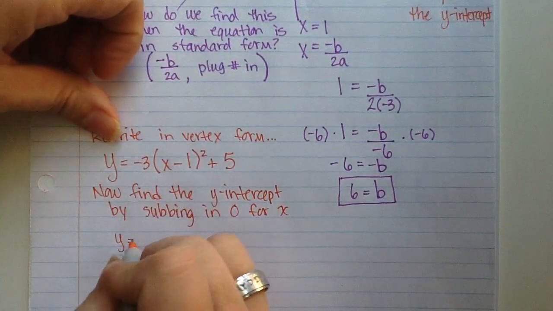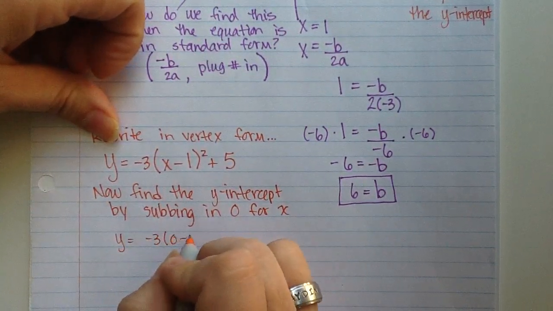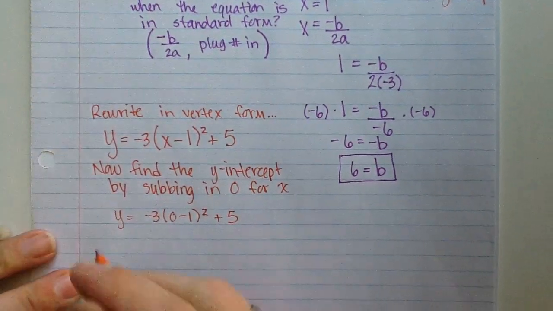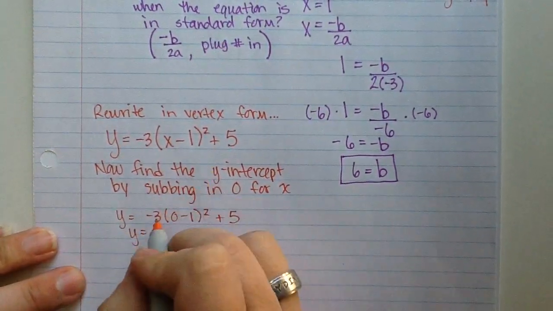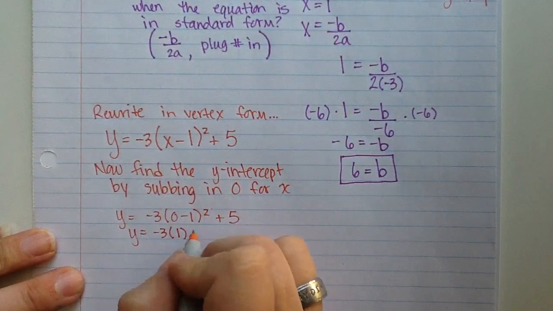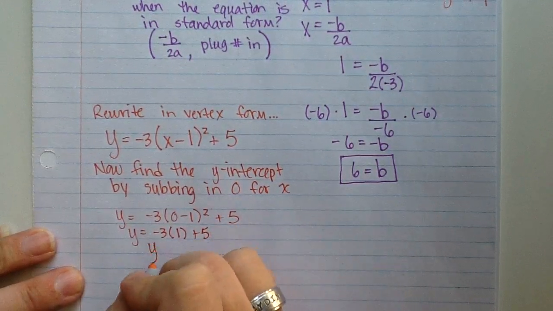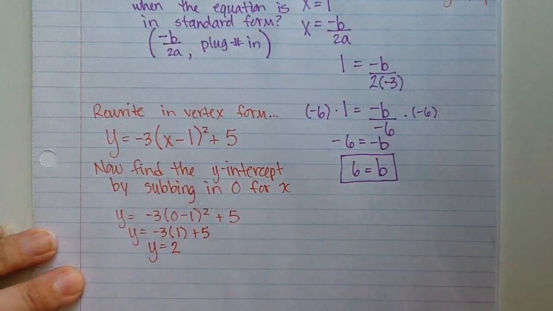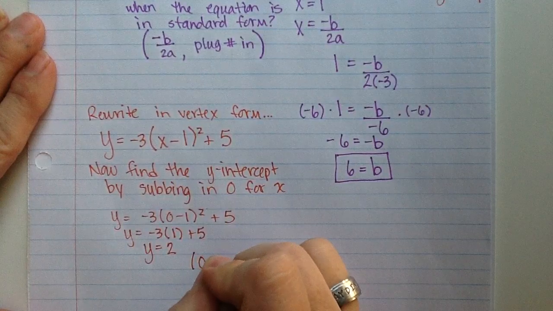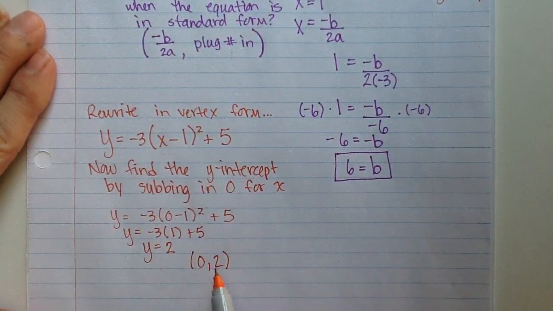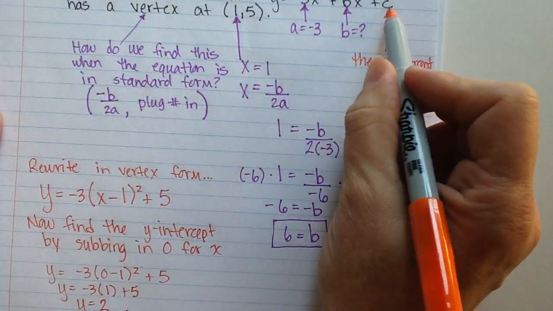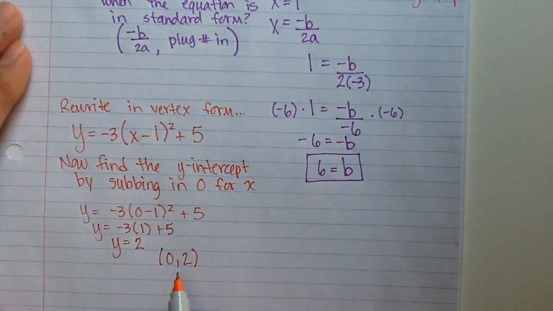So y equals negative 3 times 0 minus 1 squared plus 5. So that will be negative 3 times negative 1 squared is 1 plus 5. So that's negative 3 plus 5. So y equals 2. So my y-intercept would be 0, 2, which means that c, which is the y-intercept, has to be 2.